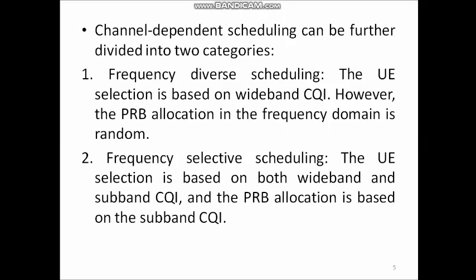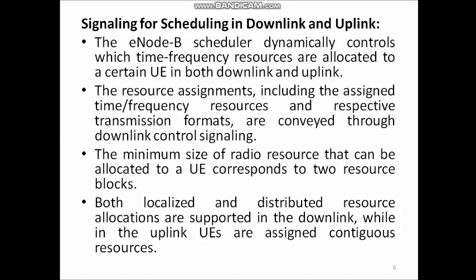Next, we will discuss the signaling for both downlink and uplink scheduling. Okay, next is signaling for scheduling in downlink and uplink. The eNodeB scheduler dynamically controls which time frequency resources are allocated to a certain user equipment in both downlink and uplink.